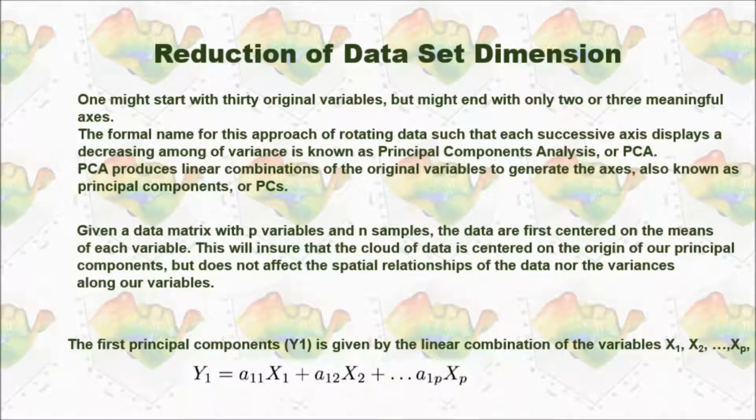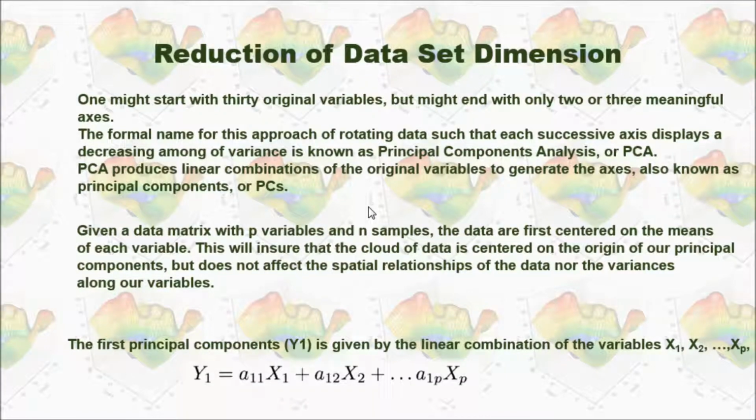In reality, we might have many variables. Say we have 30 original variables. But with principal component analysis, maybe we can only use 2 or 3 meaningful axes to explain our result. That is, we build our principal components.